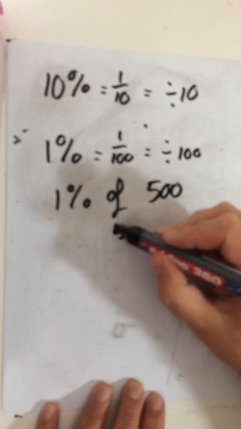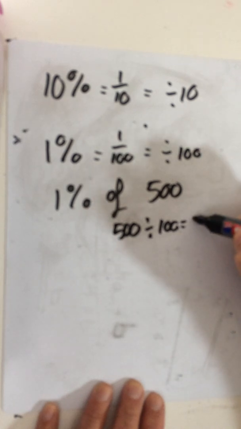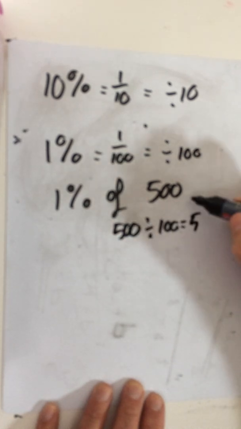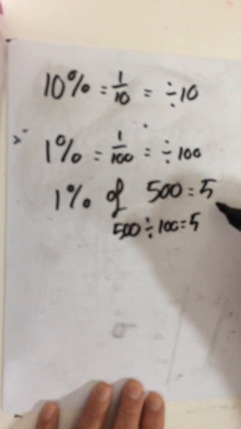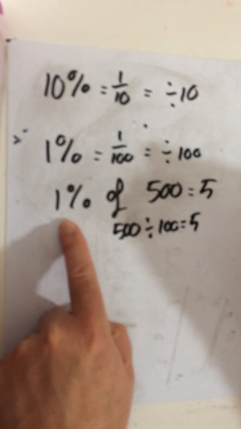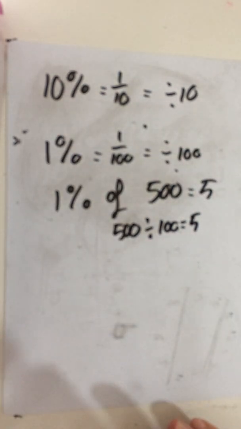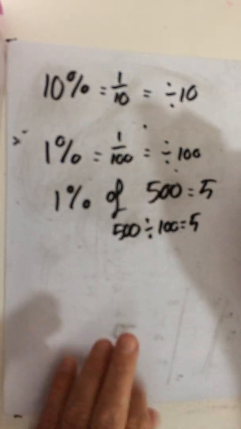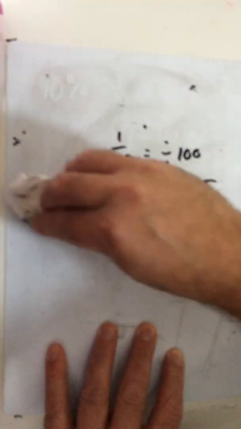That would be 500 divided by 100 equals 5. How many hundreds in 500? 5. So 1% of 500 is 5. So to find 1% of something, you divide by 100. 10% you divide by 10. And knowing those as your basics, you can find whatever percentage you want to, certainly the sort of percentage we're going to do today.